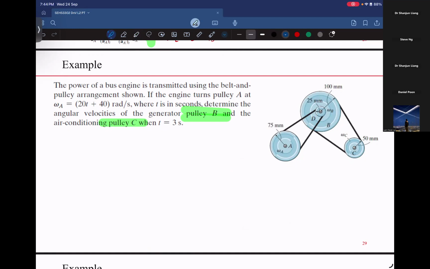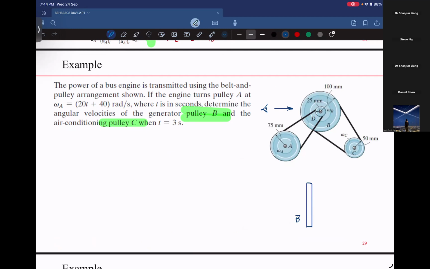So for gear B, B for boy, if we look at it from the left hand side, if your eye is here and you look to the right, you find gear B is so large, right?